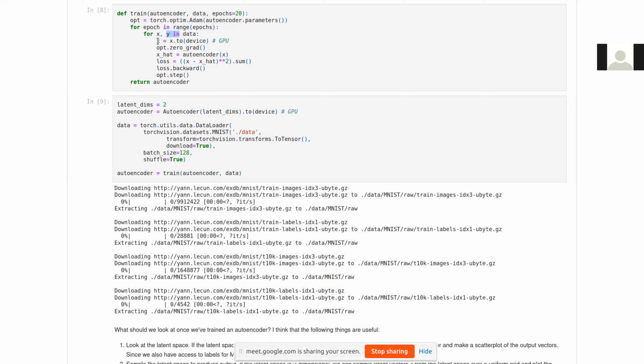So converting this X to the device, if the model is on GPU, then move the image X to GPU. If the model is on CPU, then there is no need. Then passing this input X to the autoencoder, getting the X hat, the reconstructed image, applying the reconstruction loss, the L2 norm of X minus X hat, and backpropagating the loss and optimizing that.